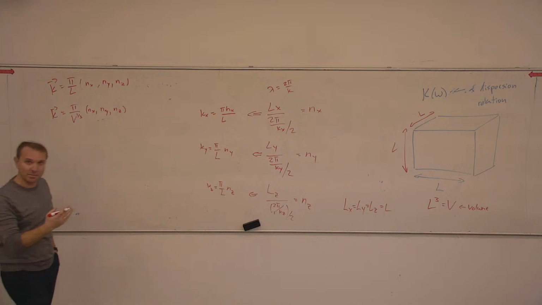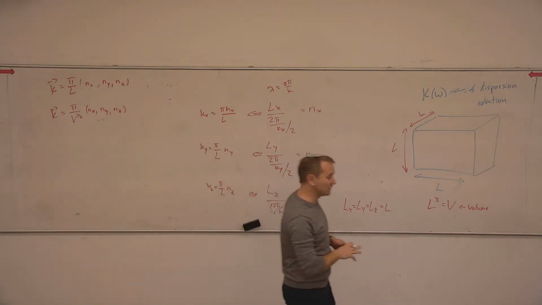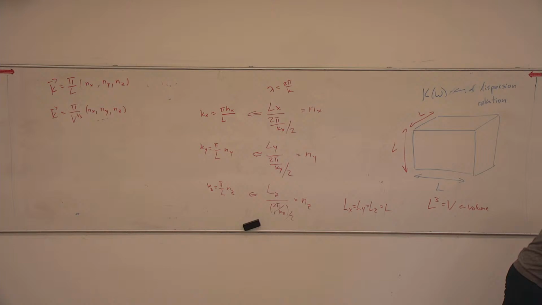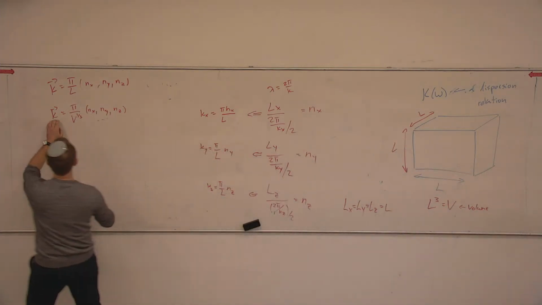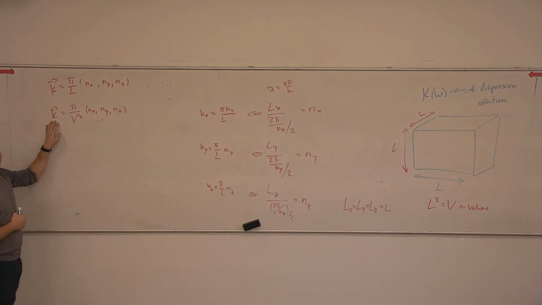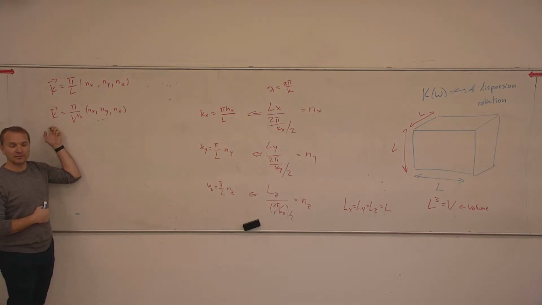Now, the next step. For the one-dimensional system, it was to calculate all the number of states that can survive up to a specific magnitude of my wave vector.